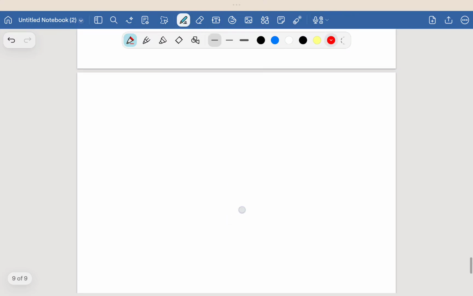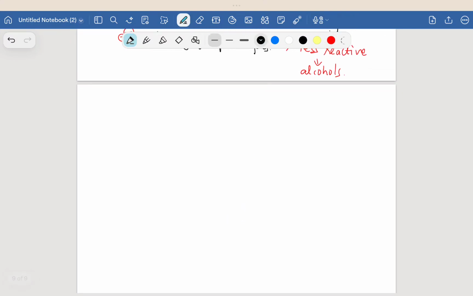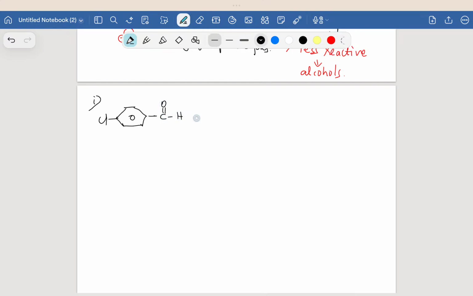So if we take one example, we'll get to know. First example: if we take Cl with C double bond O H, and also here a methyl group, Me C double bond O H. In these two, which one is the electron donating group?